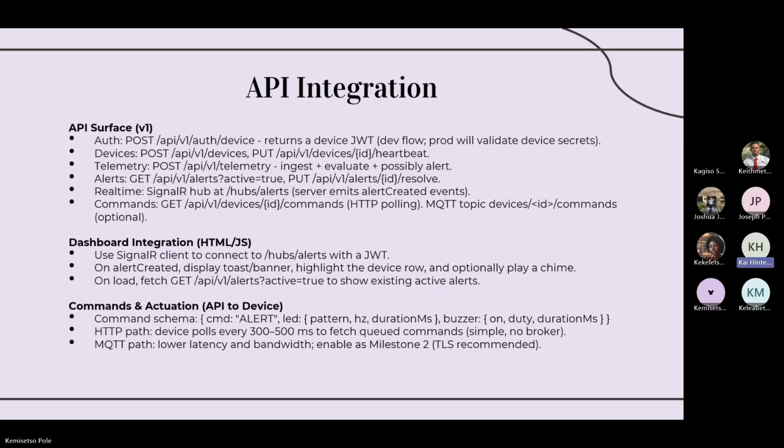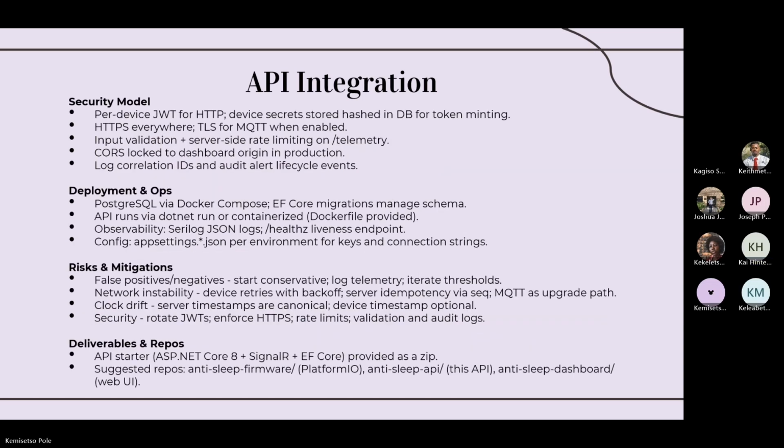And now for the third slide for our API, this is where we have security, deployment, risk, and deliverables. So our system obviously needs to be very safe and reliable because it does send health-critical signals. So each device has its own secure pass, like a unique digital ID. All communication is encrypted, not necessary, but it is a nice to have.